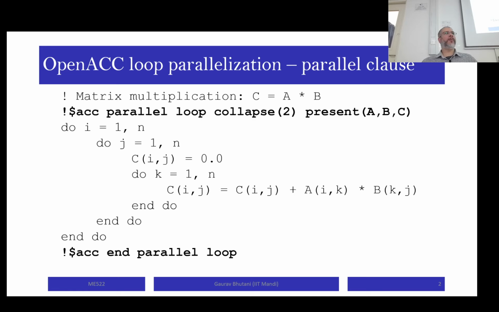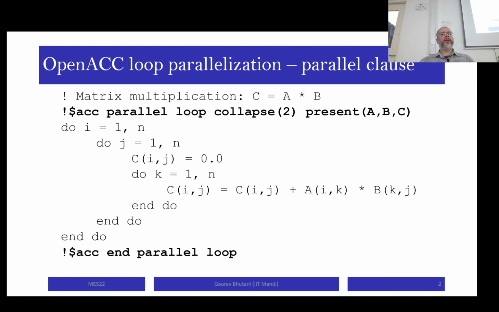If you have i going from 1 to n and within that j going from 1 to n, you have a total of n square threads that you want to create, because this is dealing with n square elements of the matrix C. So collapse(2) is saying go down 2 levels into the do loop, and whatever number of threads you have, you parallelize them across that many cores of the GPU.